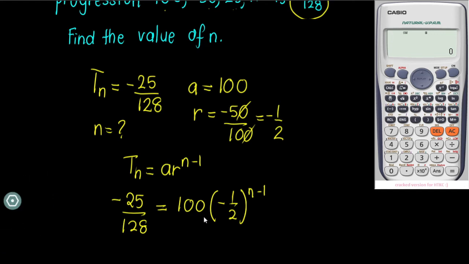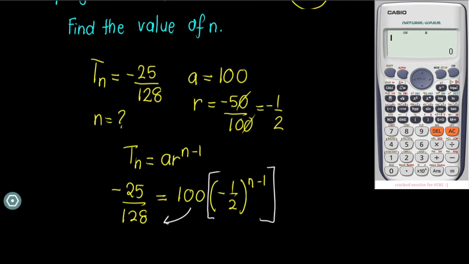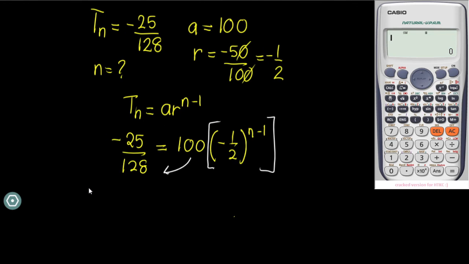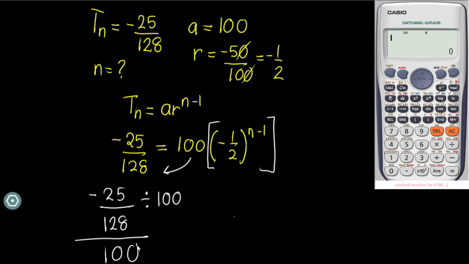Which one here now do we need to move so that we can solve? Can I move the 100 or should I move the negative 1 over 2? Obviously we need to move the 100 because the negative 1 over 2 has the power, so don't disturb that. Bring the 100 first. When I bring the 100, it's going to be divide. Some prefer to write it like this, can also, up to you. But I prefer to write like this because it's easy for me to key in the calculator.